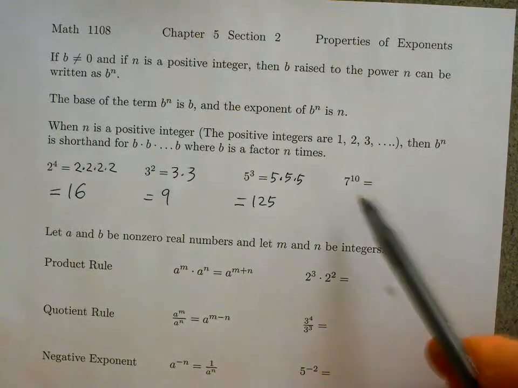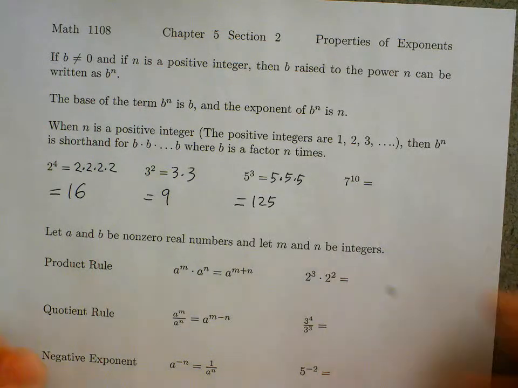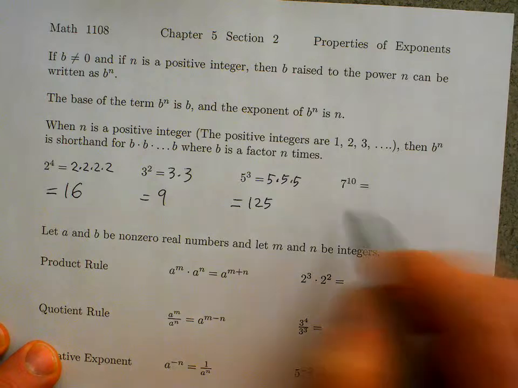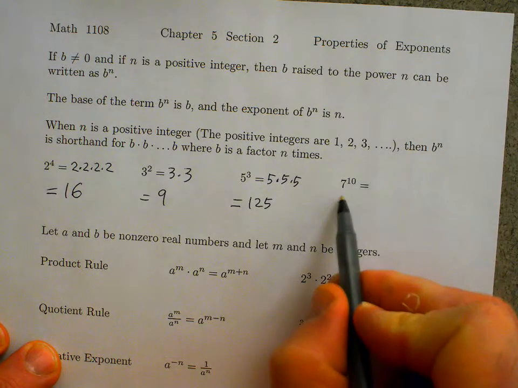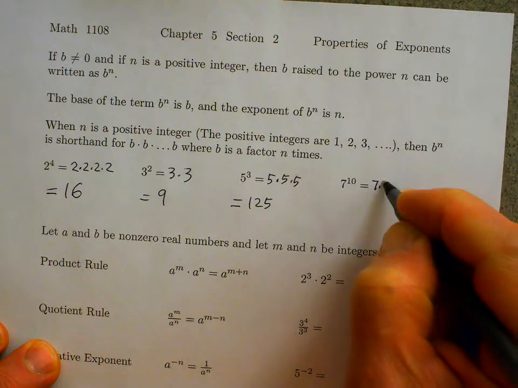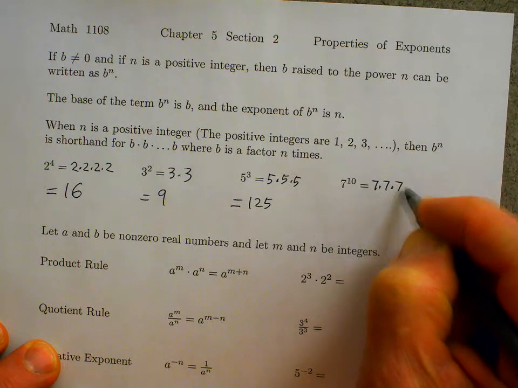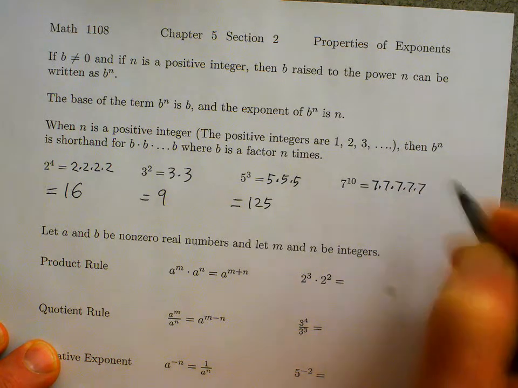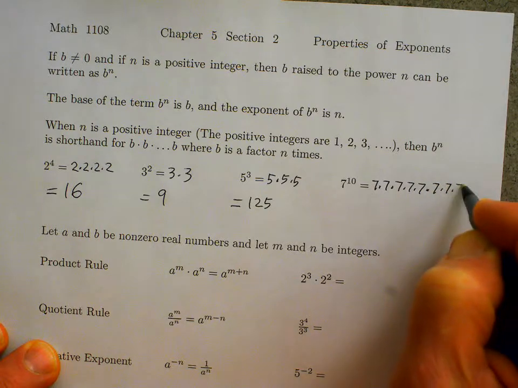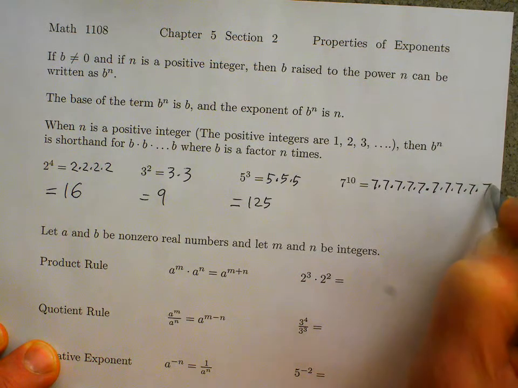Then 7 raised to the power 10. I'll just write down what that means. This is a shorthand notation for writing 7 times 7 times 7 times 7 times 7 times 7 times 7 times 7 times 7 times 7.